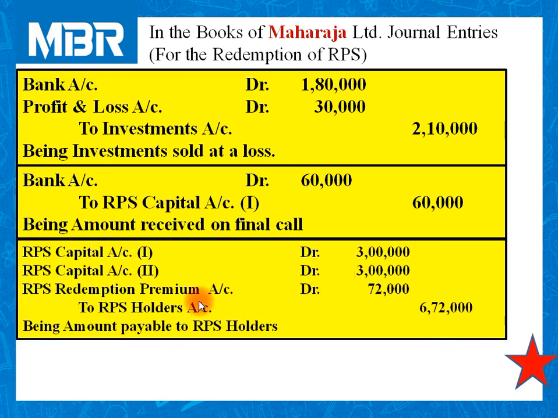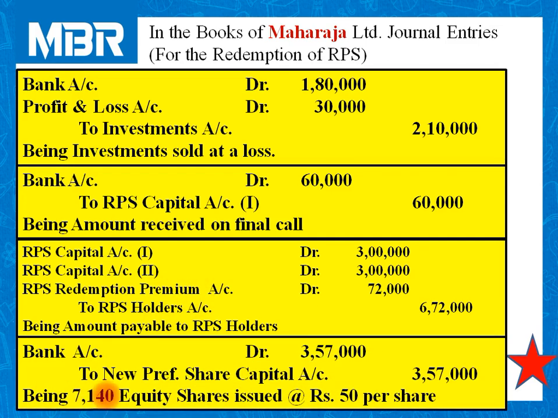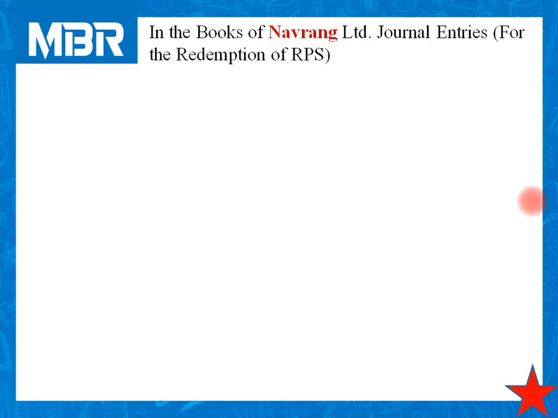Third entry is related to amount payable to RPS holders. And fourth entry is related to number of new equity shares issued by the company in step number 3. We have already discussed these journal entries separately, so it is nothing more than compilation of all entries into systematic form.